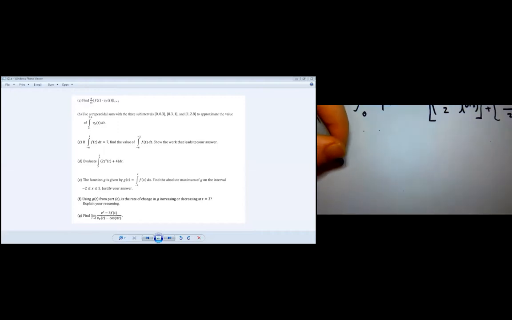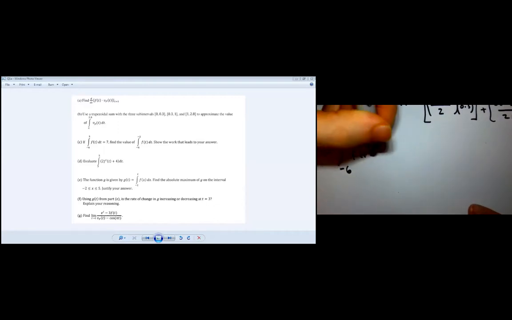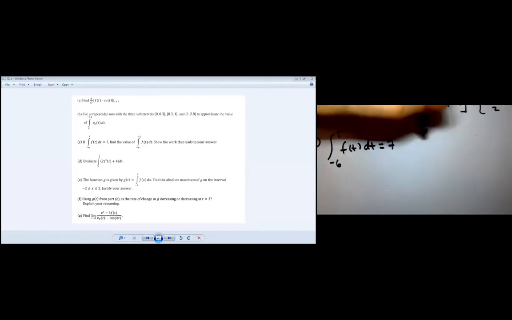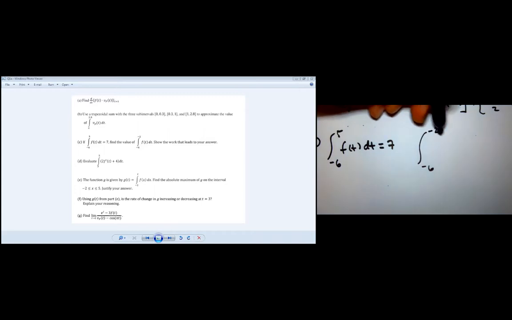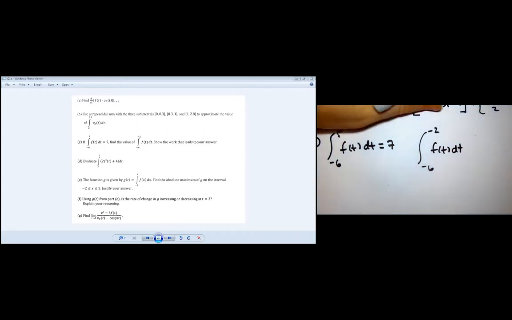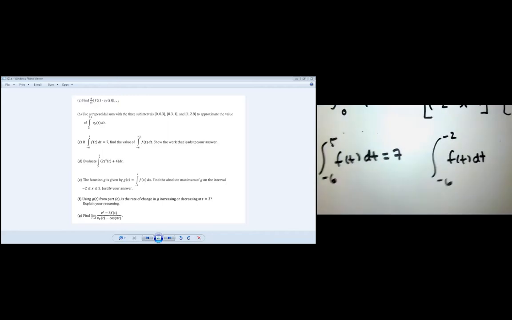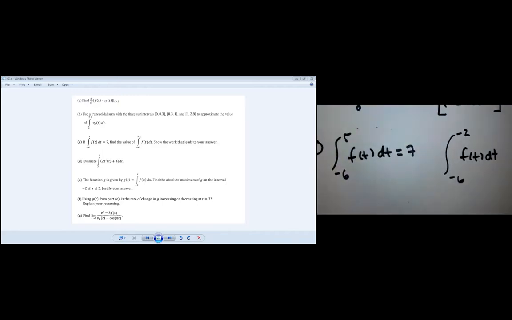They're telling us from -6 to 5, f of t dt is equal to 7. And we are looking for -6 to -2, f of t dt. Show the work that leads to our answer. All right, we are being given -6 to 5, and we're looking for -6 to -2.